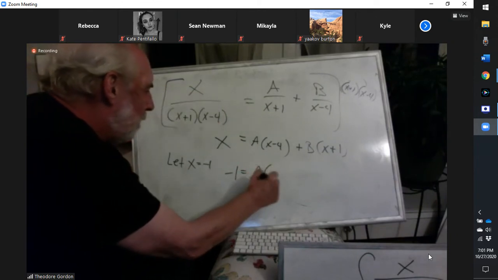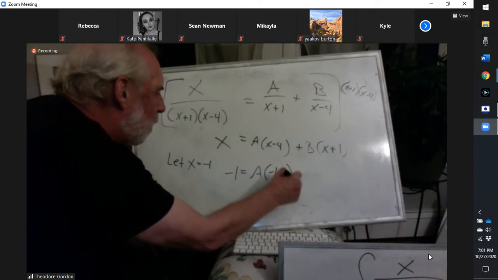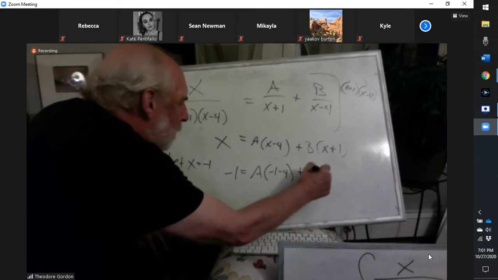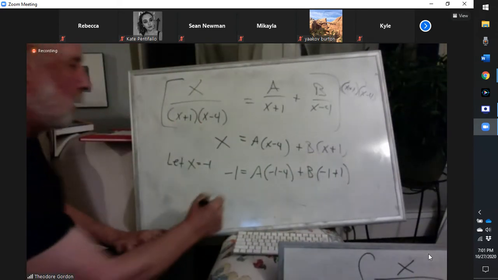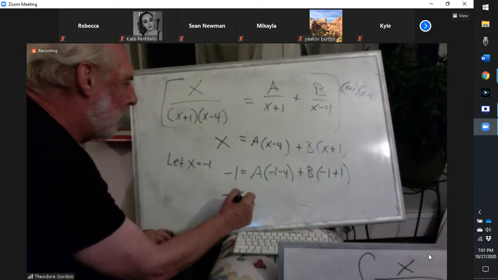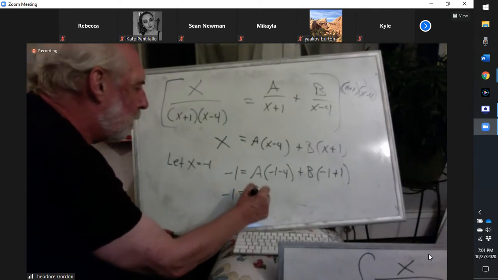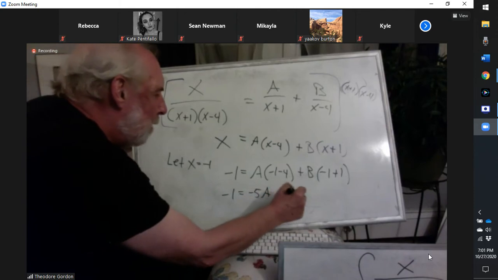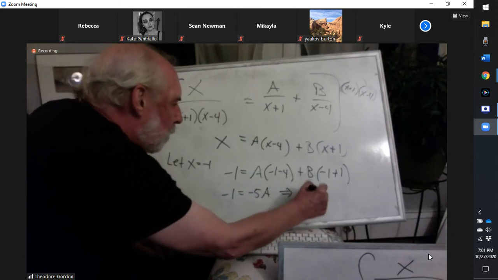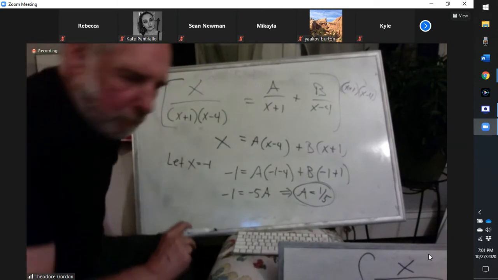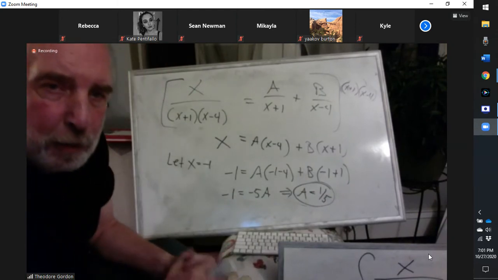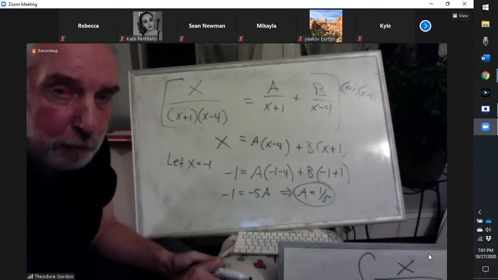Then we get A times -1 minus 4 plus B times -1 plus 1. And that says that -1 is equal to -5A, and that means that A is equal to 1/5. And now we've completed this problem.